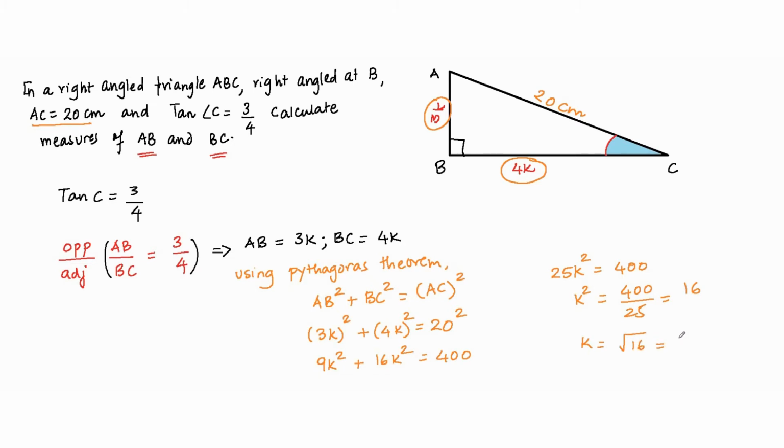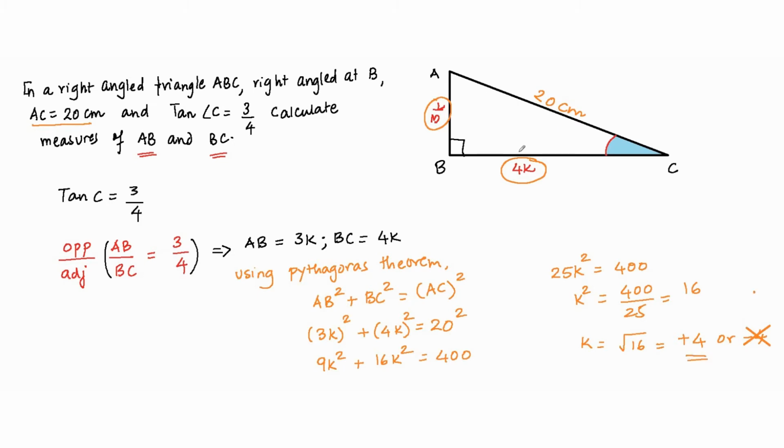Now square root of 16 can be either positive 4 or negative 4, because negative 4 square is also positive 16 and positive 4 square is also positive 16. But because sides cannot be negative, I will simply discard the negative value. So the value of K is positive 4.